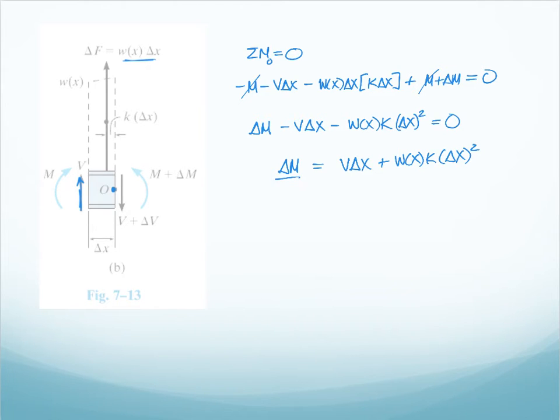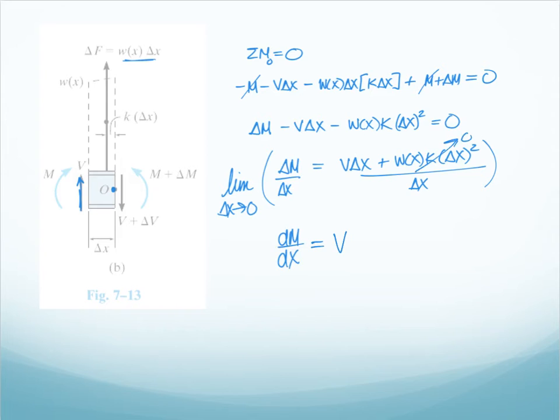Then I'm going to divide everything by delta x and take the entire limit of this as delta x goes to 0. The left-hand side ends up being the derivative of the bending moment with respect to x. And then on the right-hand side, we just get v, because this term will go to 0.